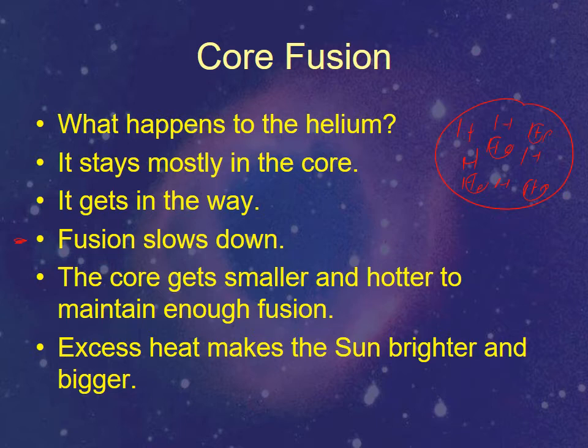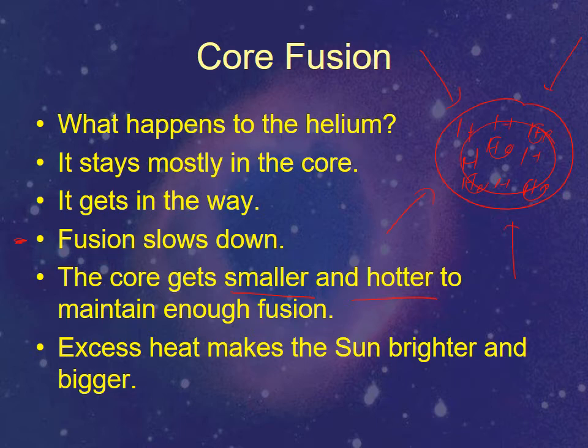When that happens, there's not enough fusion to support against gravity, and so gravity squeezes the core a little bit smaller, and that makes it hotter. So the core gets smaller and hotter, which makes the fusion speed up, and now the sun maintains stability again. But the core is hotter, which means there's an excess of heat inside the core.